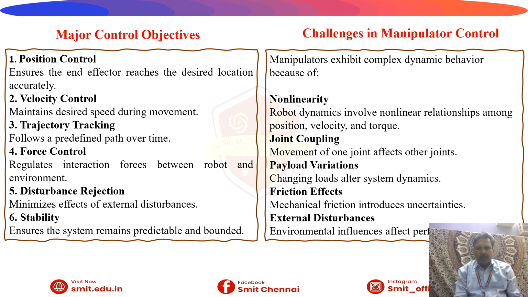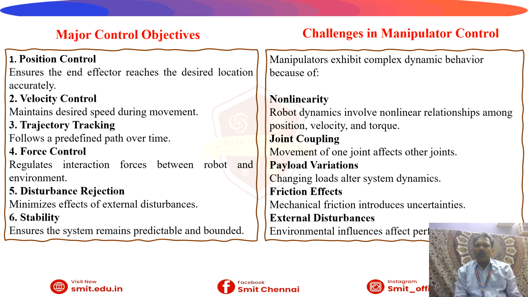For example, when a robot arm is painting inside a boiler, it is checked whether the trajectory is followed properly. Then force control regulates the interaction force between the robot and the environment. Disturbance rejection minimizes the effect of external disturbances. Then stability ensures the system remains predictable and bounded.